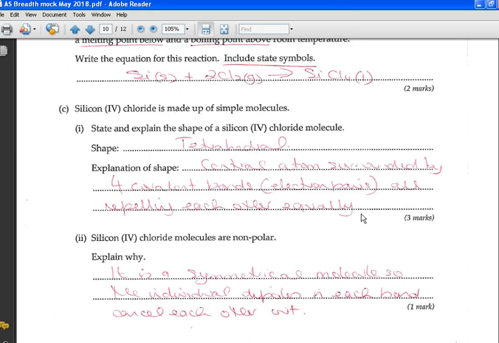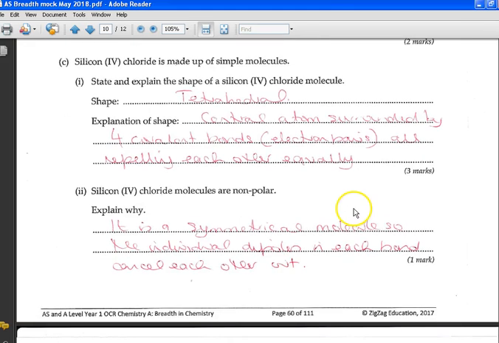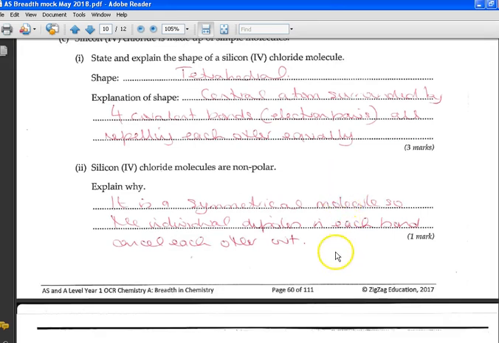Sorry, it's because of repulsion. Repulsion is equal. Okay. They're non-polar. So the molecules are non-polar, but the bonds will be polar. Yeah, but because it's symmetrical, obviously the individual dipoles cancel each other out. That's your answer.